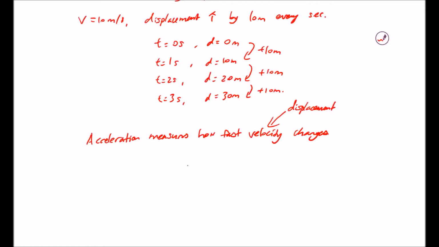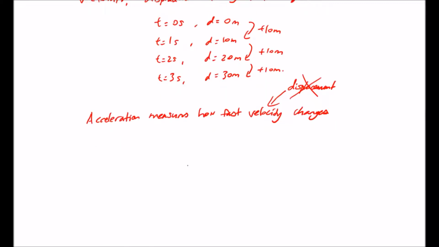That was in the previous case. But now for acceleration, we are measuring how fast velocity changes. So again, let's take the example of a ball with an initial speed of 10 meters per second. It's accelerating in the forward direction at a rate of 5 meters per second squared.